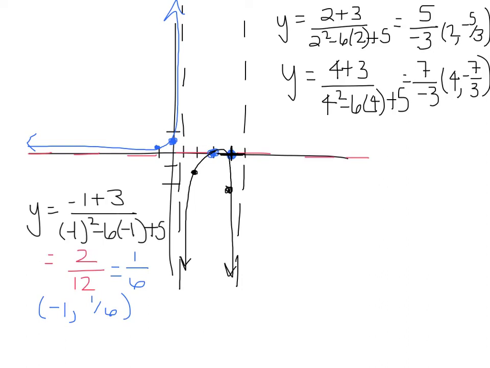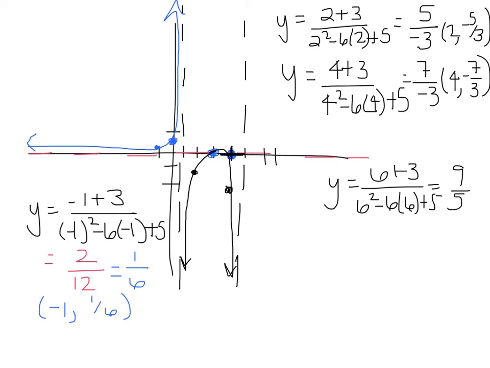All right, now to get the right side, we're going to plug in 6 and we're going to plug in 7. So 6 plus 3 gives me 9 on the top. 6 squared minus 6 times 6 plus 5. So that gives me 9/5. So that is almost 2, but a little less than it. Okay, now let's plug in 7.